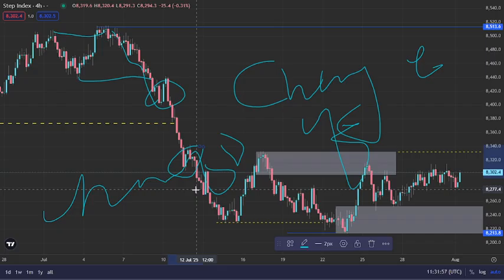The fractal structure signals the end and start of an internal pullback. Internal structure, I-BOS, signals the start and end of a swing pullback. After a swing structure breaks, we expect a swing pullback.